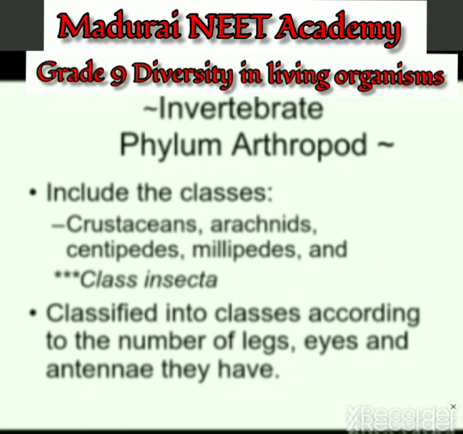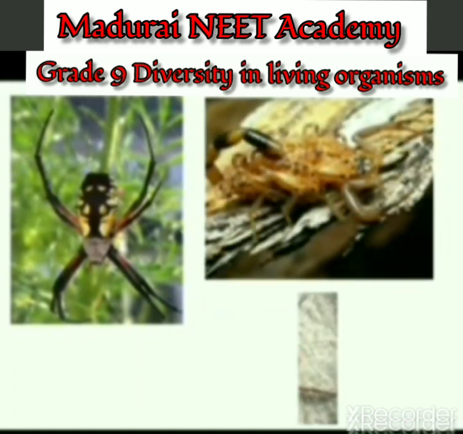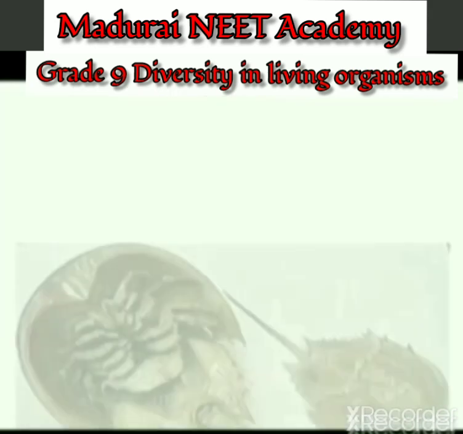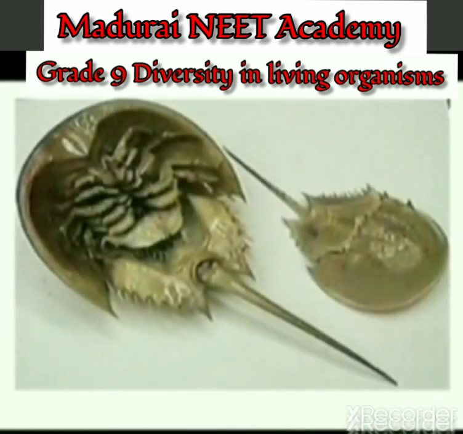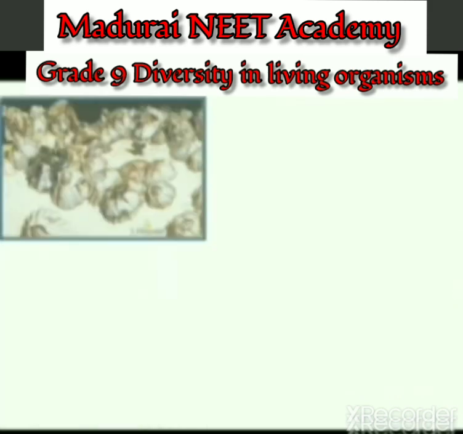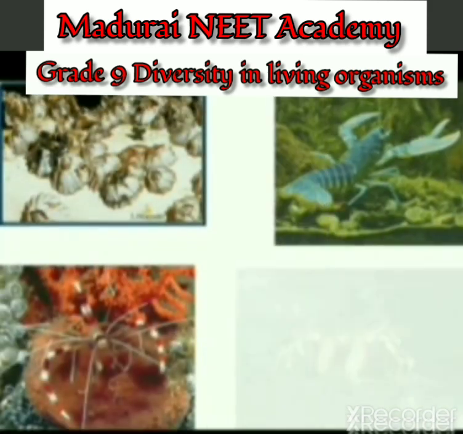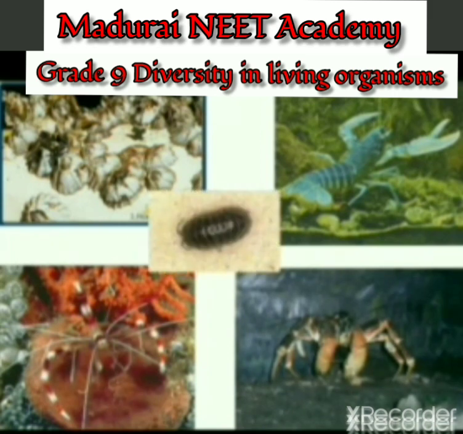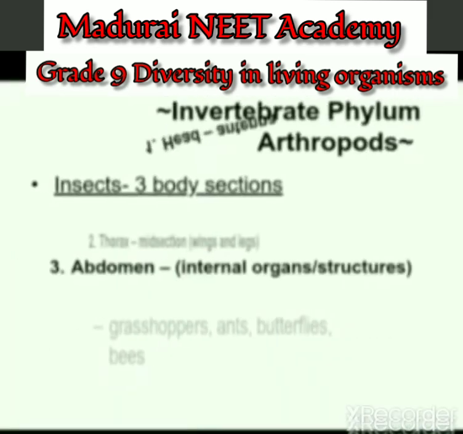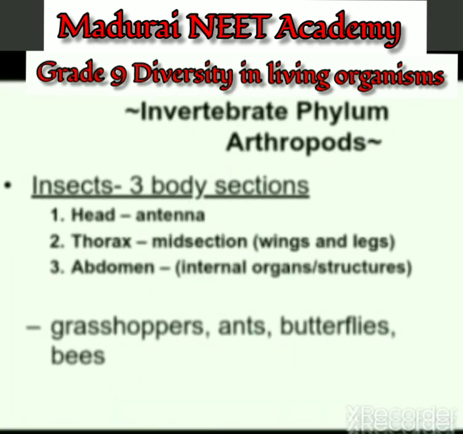They are classified into classes according to the number of legs, eyes and antennae they have in their body. So you can see different kinds of organisms coming under that phylum.